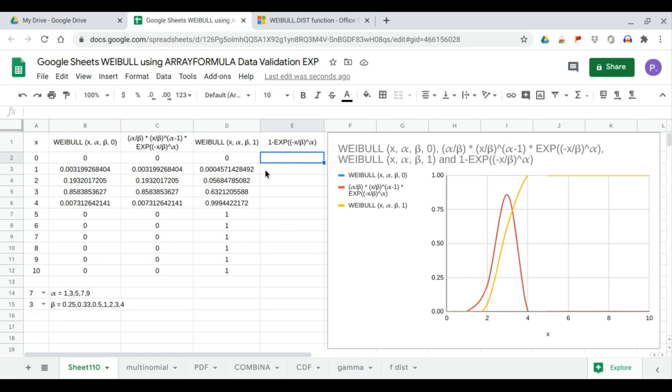Next, we use the exponential form. So again, array formula. Let's start with the exponential form. Exponent minus x over beta raised to the power alpha.